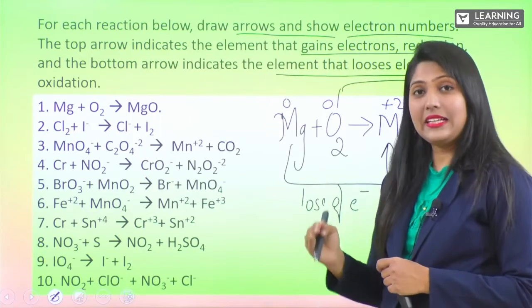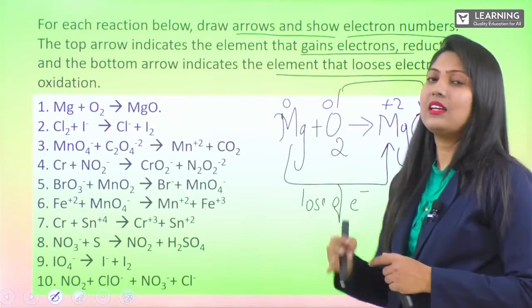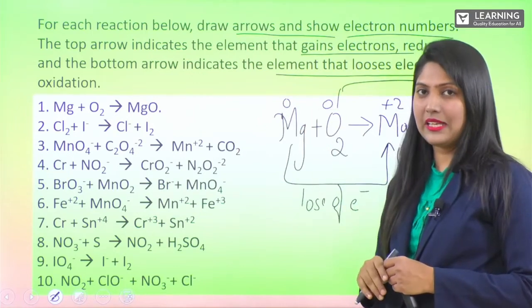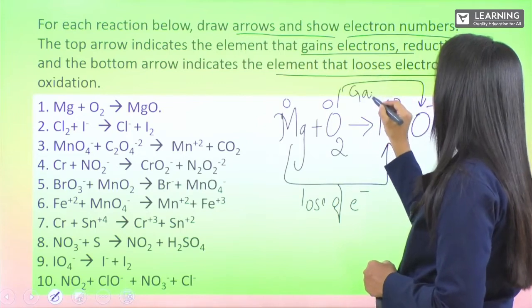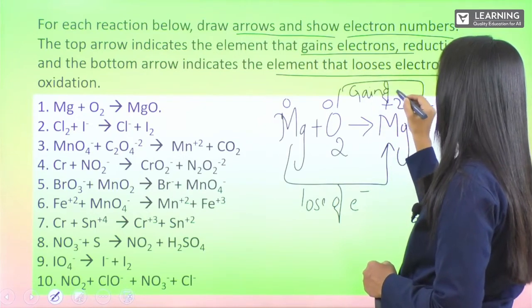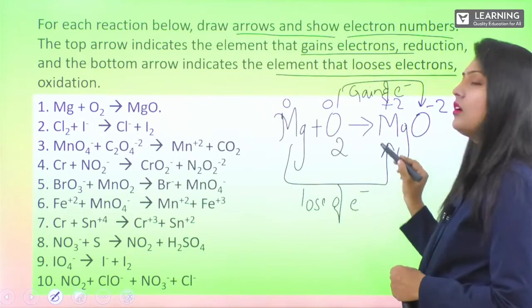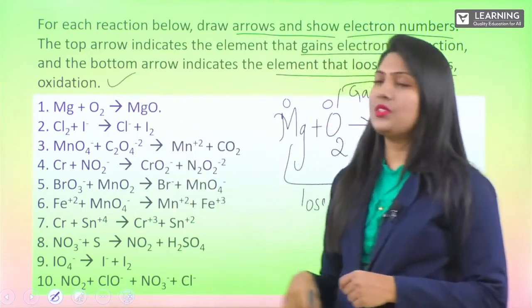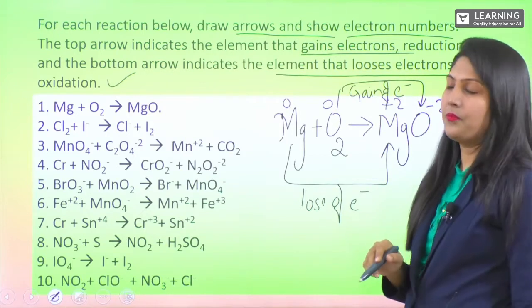Instead, if it is 0 to negative, or if it is decreasing, even if it is +3 to +2, there also a decrease in oxidation number takes place. If that is the case, it is gain of electrons. So magnesium is undergoing loss of electrons, where we can say it is undergoing oxidation, whereas oxygen is undergoing reduction. Got it?